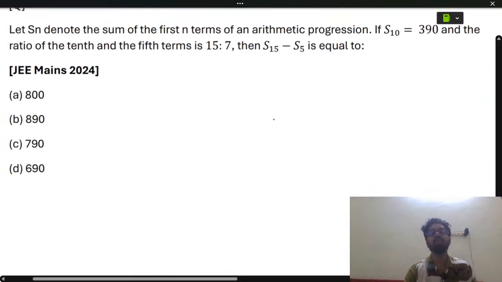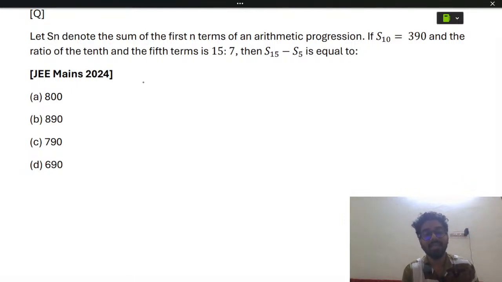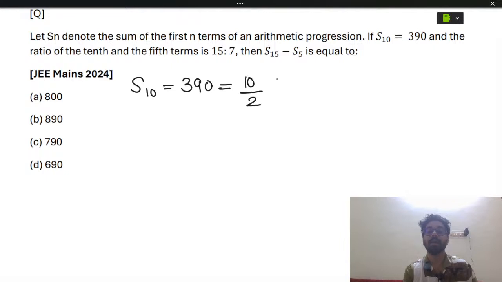And now here we will learn the application of it. Now Sn denotes the sum of the first n terms of an arithmetic progression. Alright, now S10 is given as 390. So we can say this is equal to n by 2 into 2a, we do not know the first term a, plus (n minus 1), we know n is 10, so 10 minus 1 is 9, d.